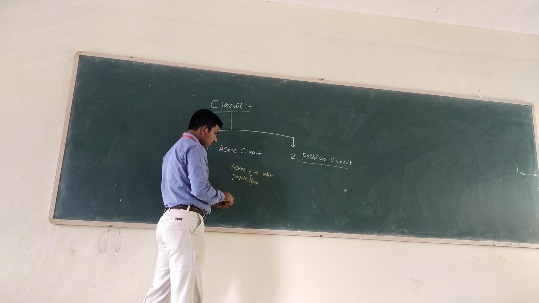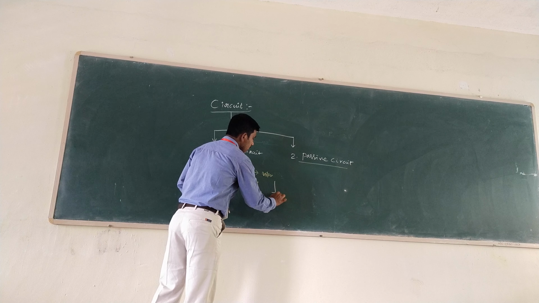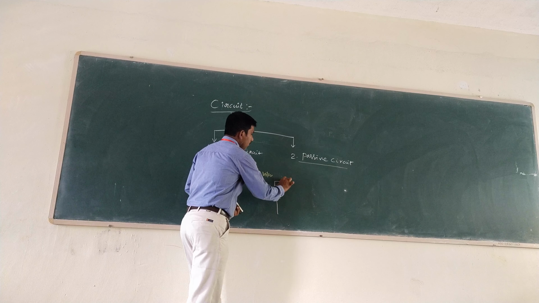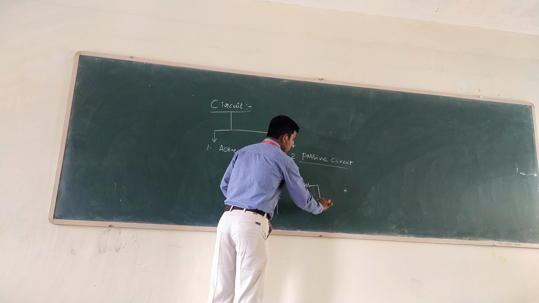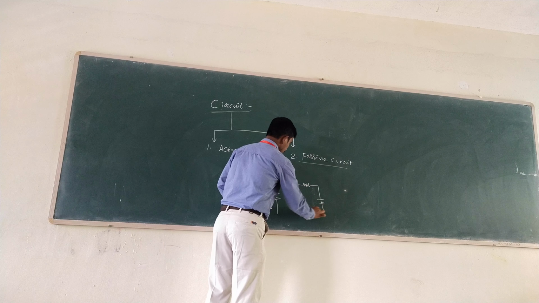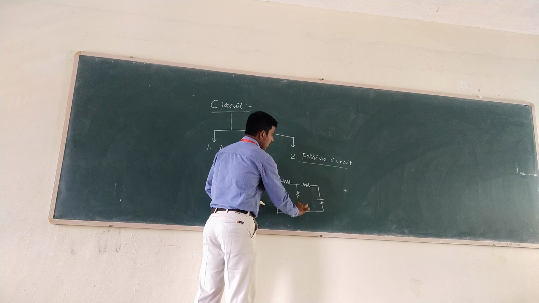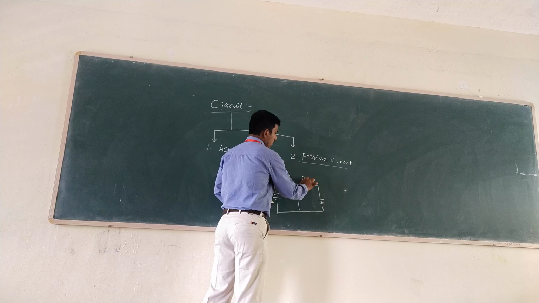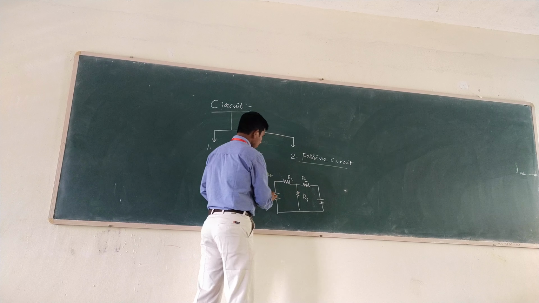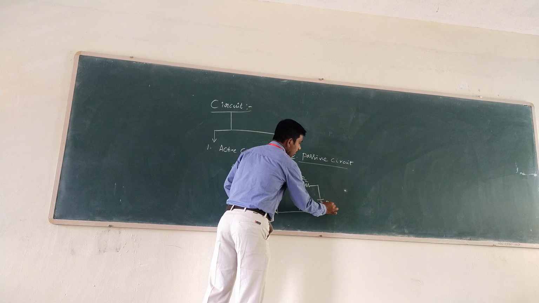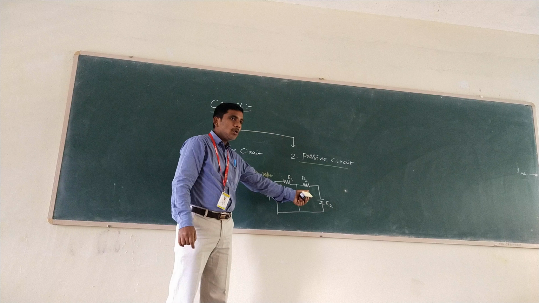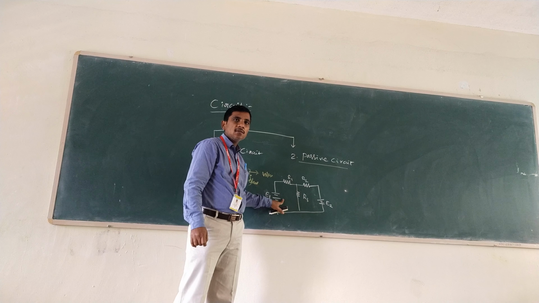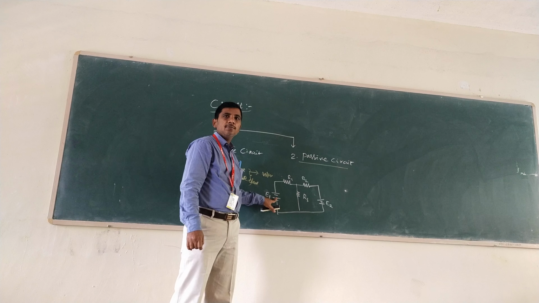An active circuit may be like this. You can see a voltage source and a resistor, another resistor and another voltage source, and another resistor: R1, R2, R3. These are E1 and E2, the energy sources, nothing but voltage sources, that means batteries.